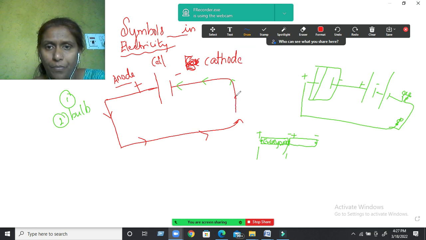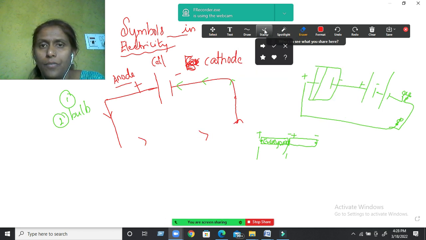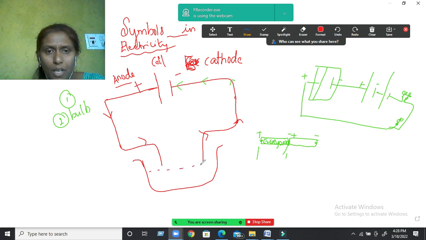Here, what I do, let me take the eraser and I will write one wire. The open ends of this wire, I will put in a beaker or a big jar or anything which has water in it.